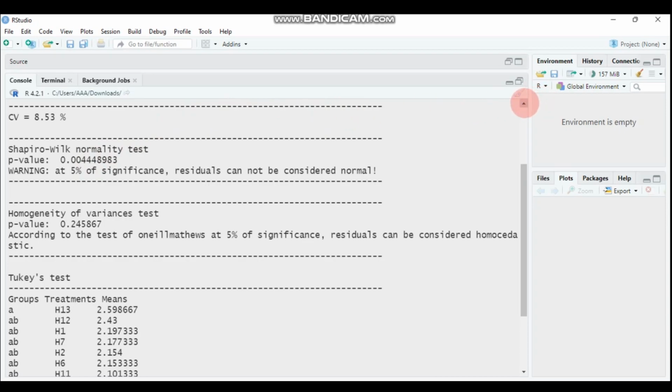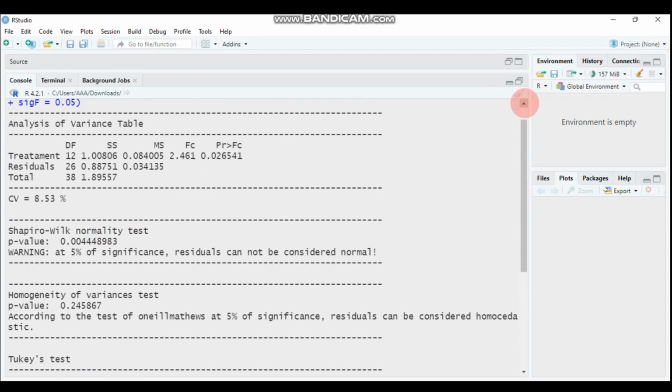Moreover, we can also get the analysis of variance or ANOVA, and as all of you know, the sources of variation for the CRD, or completely randomized design, are two: one is the treatment, the other is the residual. As you can see here, the p-value is 0.02, so it is less than 0.05 and greater than 0.01, so it is statistically significant.